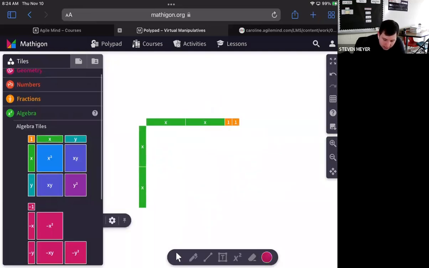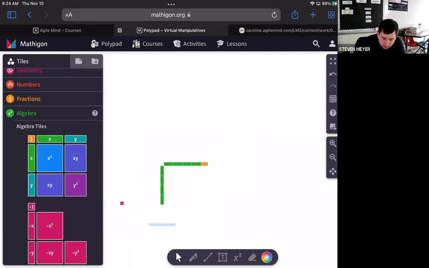And then on the side, I need two negative ones because it's 3x. Need one more x here.